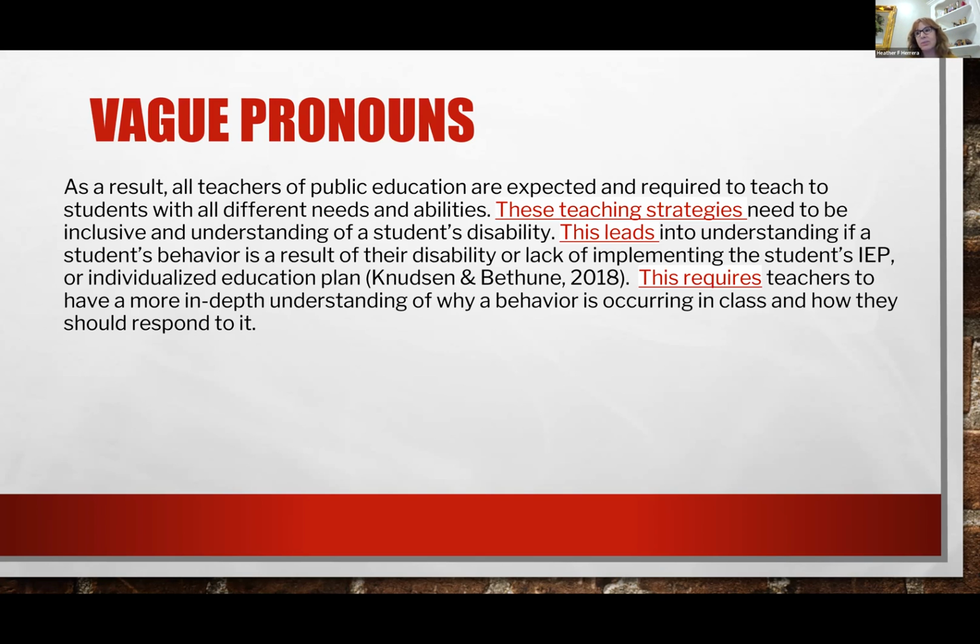And I try to train the student to do that for themselves, because the following sentence is also this. And you want to keep forefront of the reader's mind what you are talking about. So if this person is writing about different special education techniques to enhance learning, say that. Say these enhanced techniques lead to understanding. These behavior modification practices require teachers to have a more in-depth understanding. Say what you're talking about.